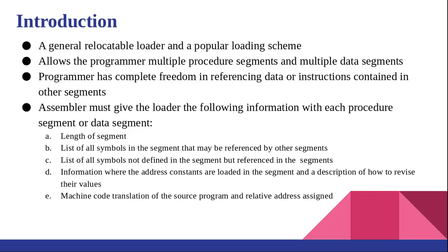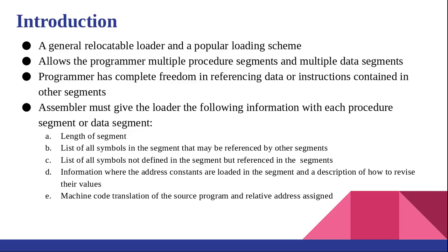When we are storing a constant value as the address of another instruction, the assembler doesn't know the absolute address of that instruction because we don't know where the program is going to be loaded. So the information about where the address constants are loaded in the segment and how we can revise their values should also be provided by the assembler to the loader.